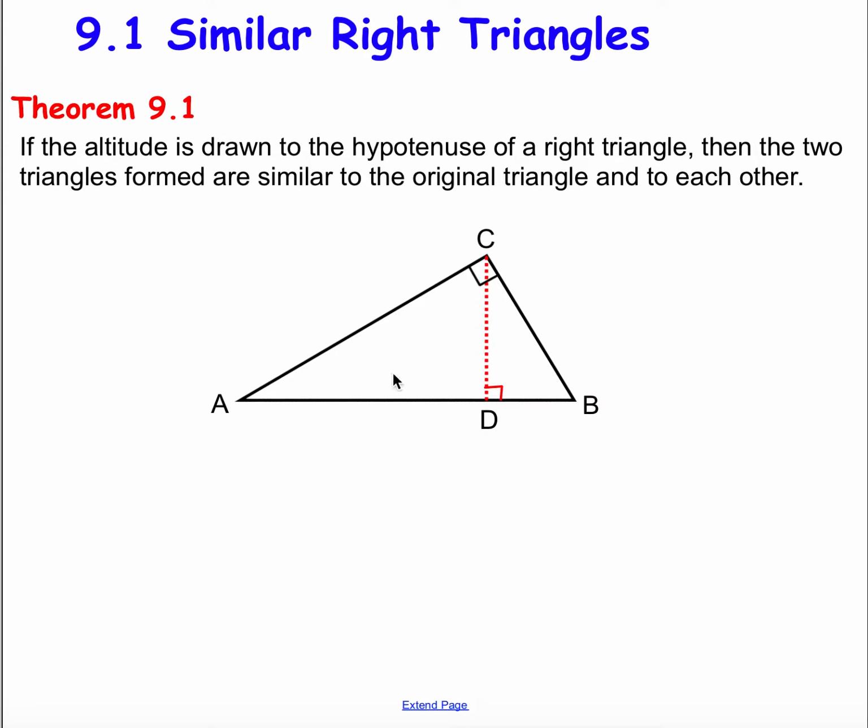In other words, if we're drawing the altitude that's going to intersect with the hypotenuse, which, if you remember, is the longest side of a right triangle, and the two other sides are called legs. So here in this triangle, this would be the hypotenuse down here. I'm just going to write HYP because it's the longest side, and this would be a leg, and this would be a leg.